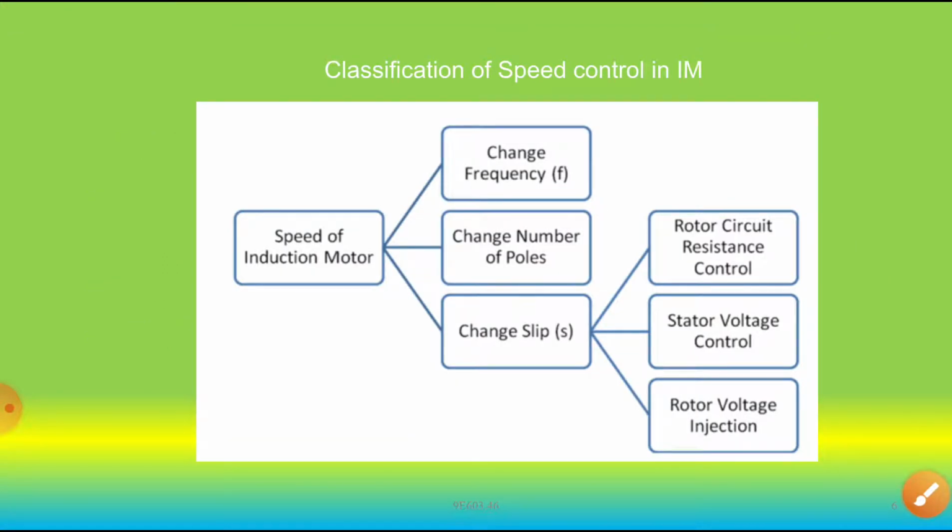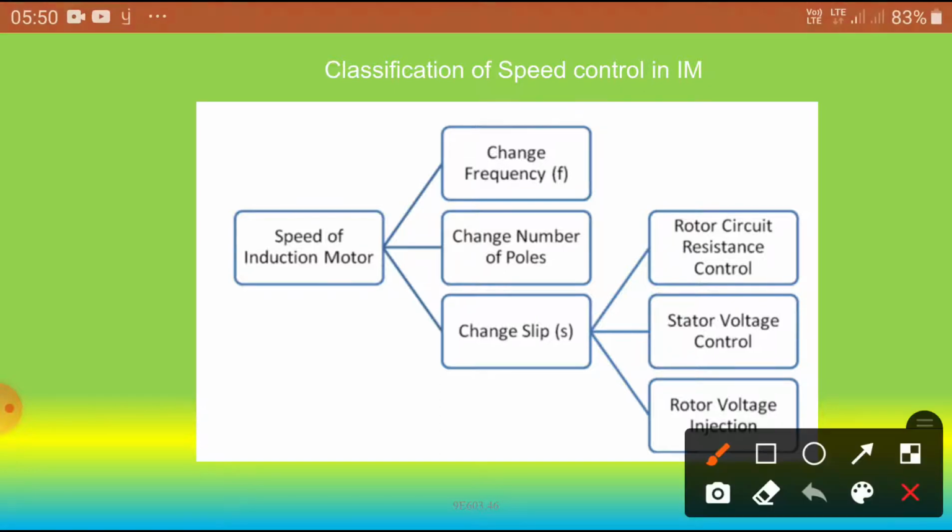Now, classification of speed control in induction motors. What is the speed control here? The speed of the induction motor can be controlled with the help of three methods. One, change in frequency, which we have seen: N is equal to 120 F by P, so the speed N we can change directly by using the frequency.